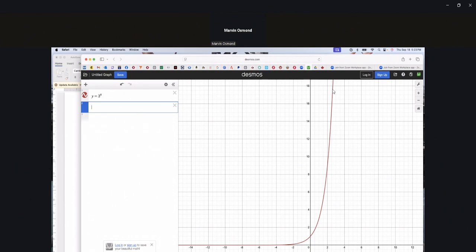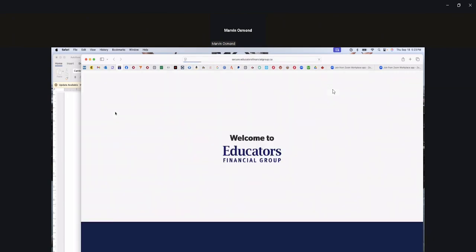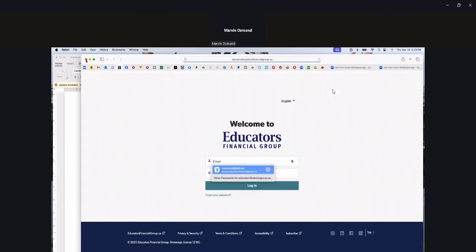Y equals, now we have 1/3 in a bracket, so we've got to make sure we use a bracket. 1/3, and then to the power. Oops, I don't want to do that.